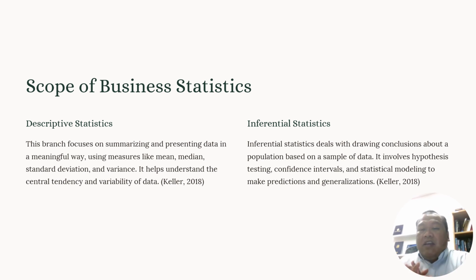Now, the more complicated one is what we call inferential statistics. Inferential statistics deals with drawing conclusions about a population based on sample data. That means the population is too big.